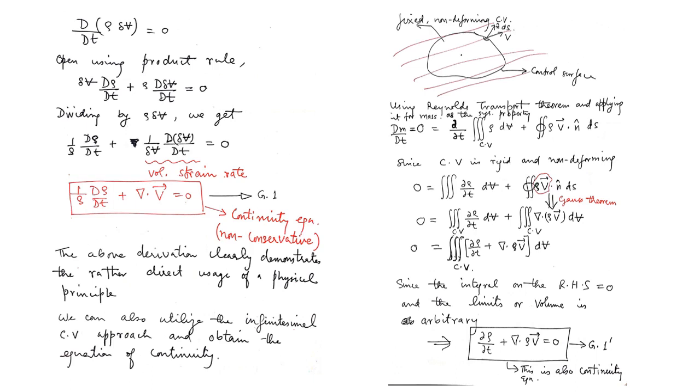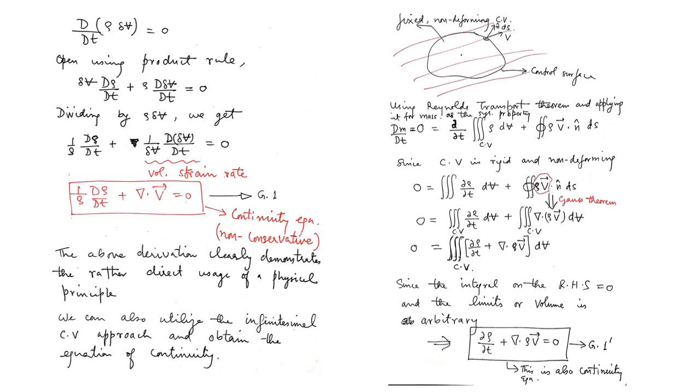And that 0 is equal to, by Reynolds transport theorem, the two terms. One is the volume term, the integral of rho dV, and the partial derivative with time is outside. Of course, this is outside because in general the control volume may be deforming also, or may not be fixed, so its limits may be changing in time.